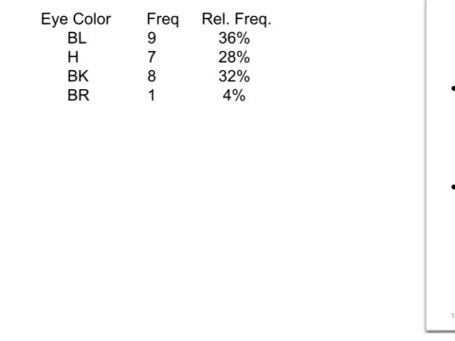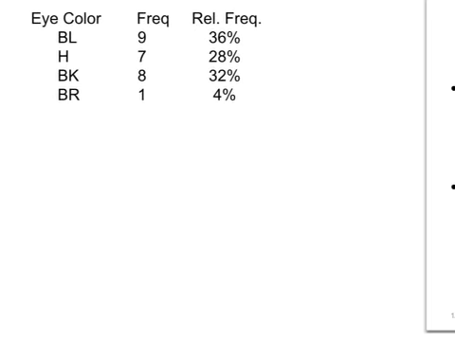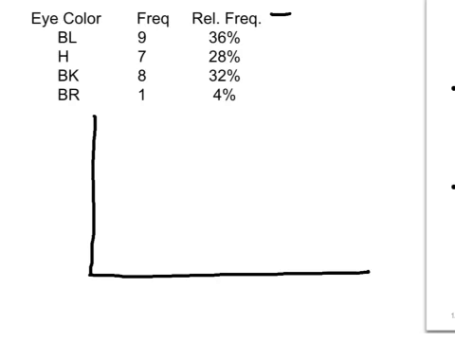Again, to construct the bar chart using the relative frequency, we'll do the same thing, except over here along the vertical axis we'll just put the relative frequencies. And again, I'm going to put these going from largest to smallest.